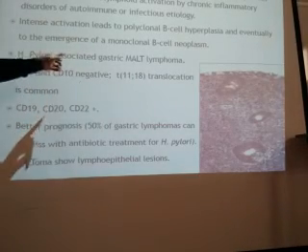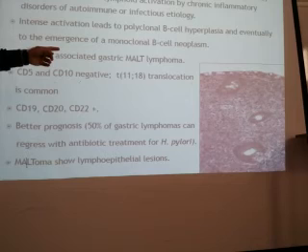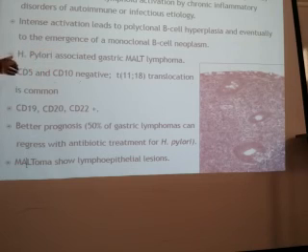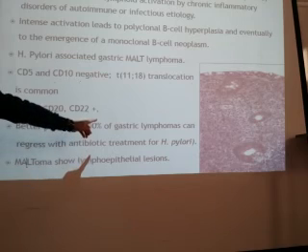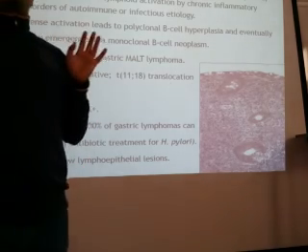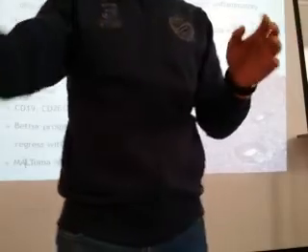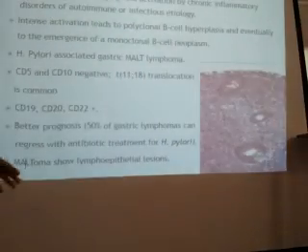So, H. pylori associated gastric MALT lymphoma. If you have lymphomas in the GIT tract, they may be due to H. pylori infection. But the important thing here is 50% of the gastric lymphomas will regress if you give antibiotic therapy. So this is one type of neoplasia which responds to antibiotics. Okay, 50% regress. They get cured.